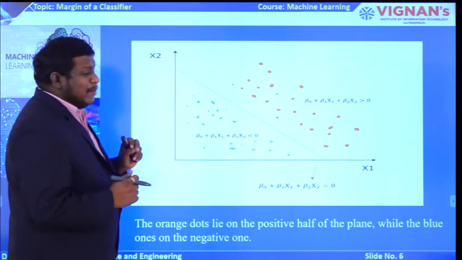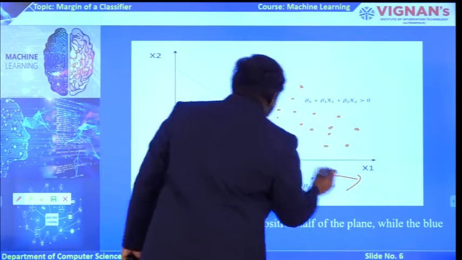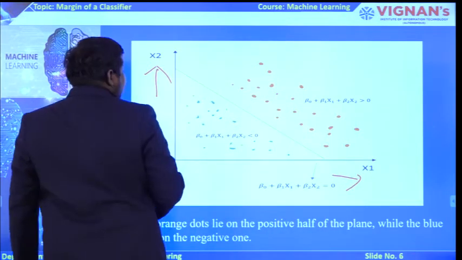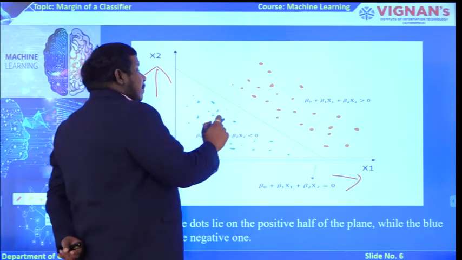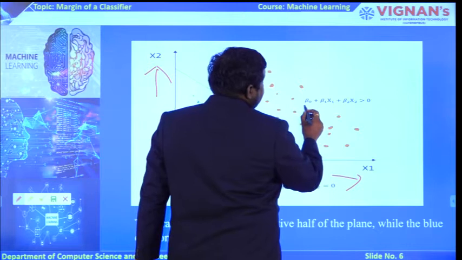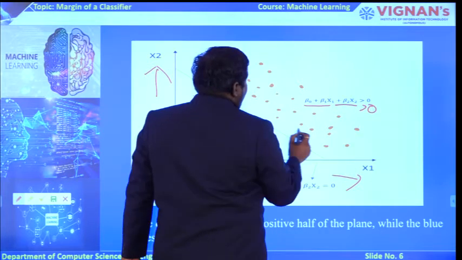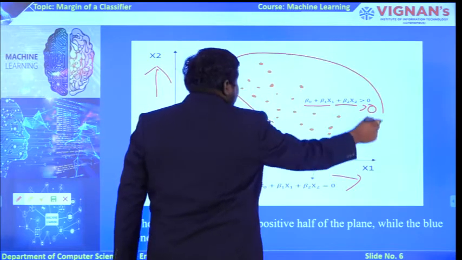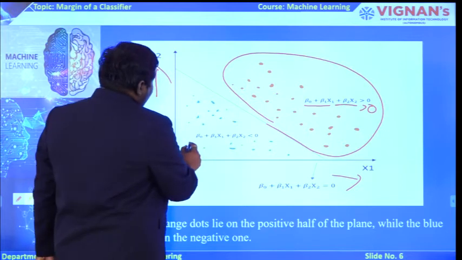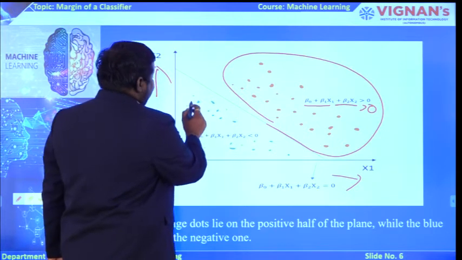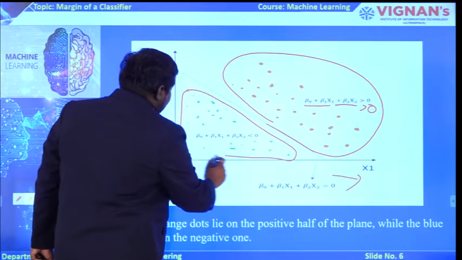Let us see how data can be classified using this hyperplane. Here x1 is on the x axis and x2 is on the y axis. Using the hyperplane equation beta naught plus beta 1 x1 plus beta 2 x2, if the value is greater than 0, the points lie above the hyperplane, and if it is less than 0, the blue data points lie below the hyperplane.